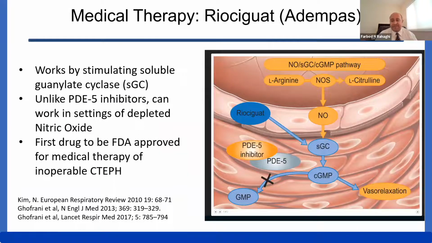Lastly, there's medical therapy. Medical therapy, in theory, targets the same thing as it does in pulmonary arterial hypertension, which is to try to dilate, particularly the small vessels that are far away in the circulation, to try to reduce the resistance.